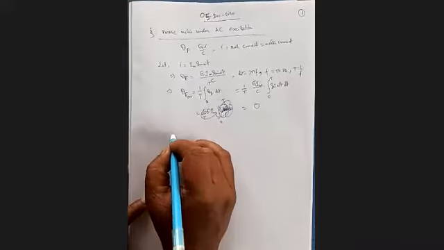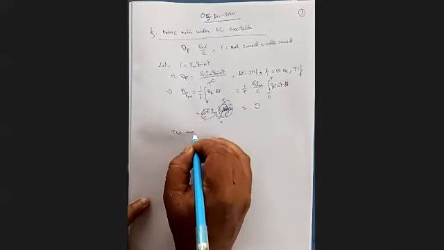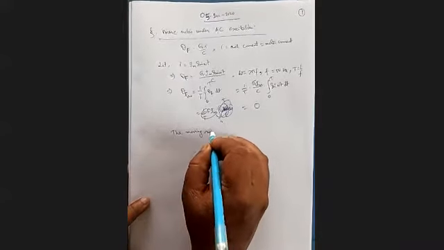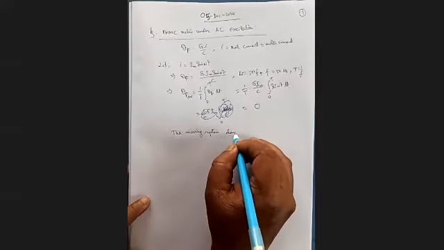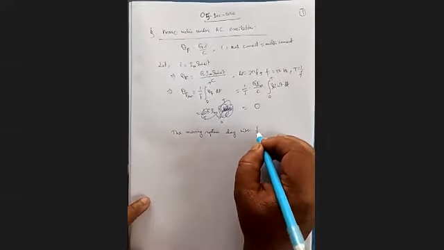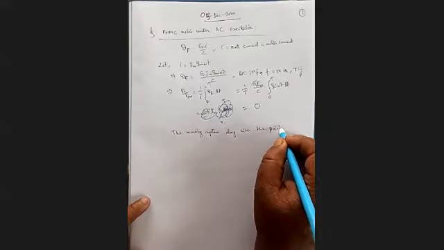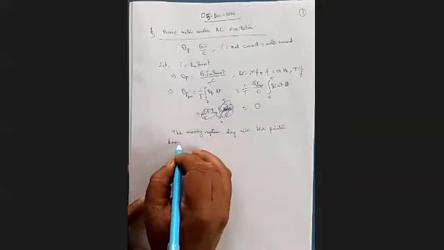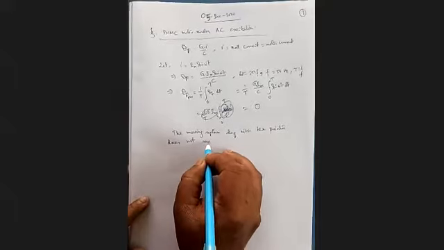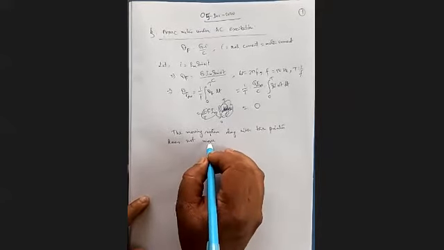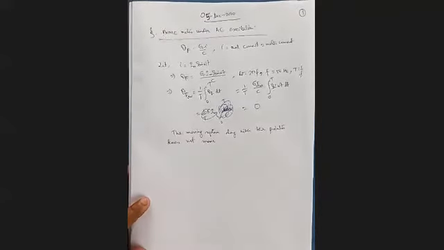It means the moving system along with the pointer does not move. The coil is carrying some AC current, but the pointer does not show any deflection. So we may wrongly conclude that there is no current flowing through the coil, which is not correct.